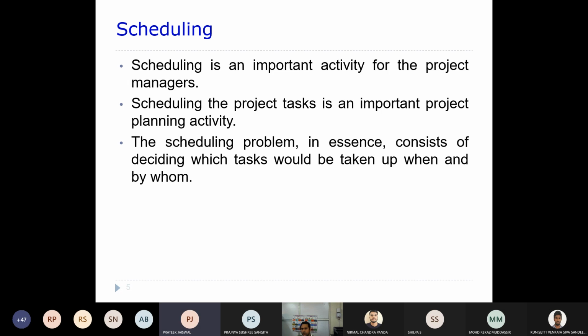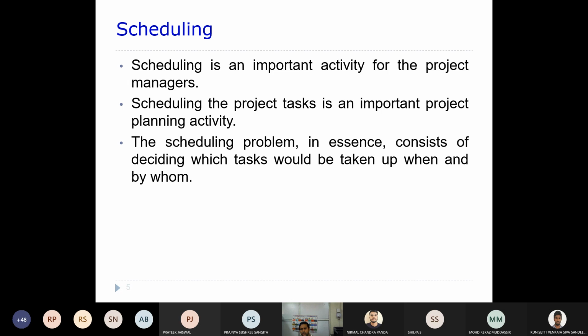As I told you before, once the effort is estimated, you can plan the scheduling. Scheduling is one of the very important activities for project managers, because they have to schedule different tasks.